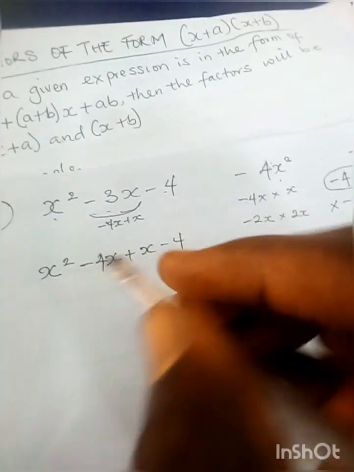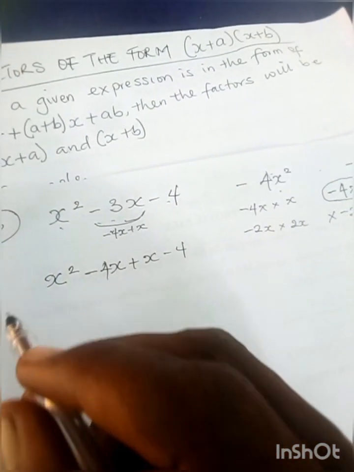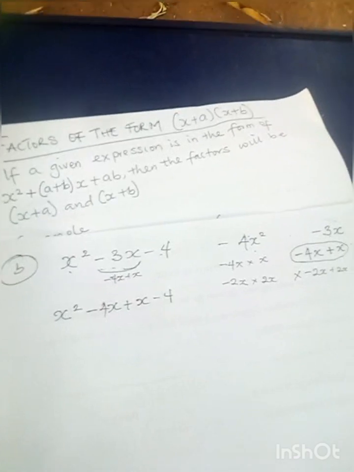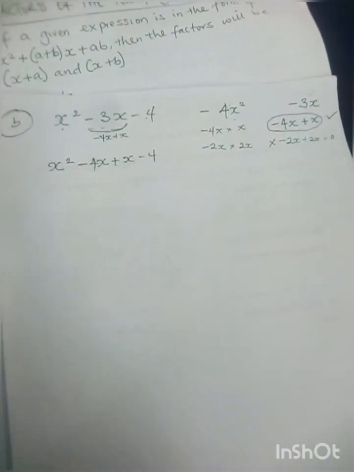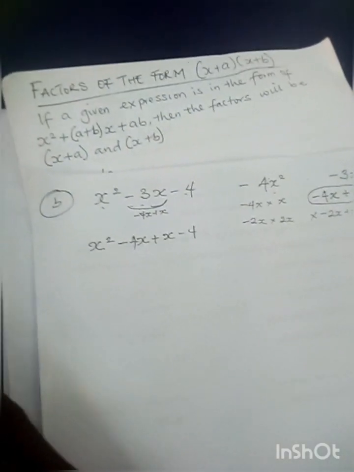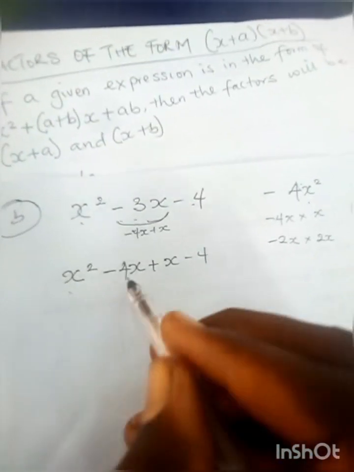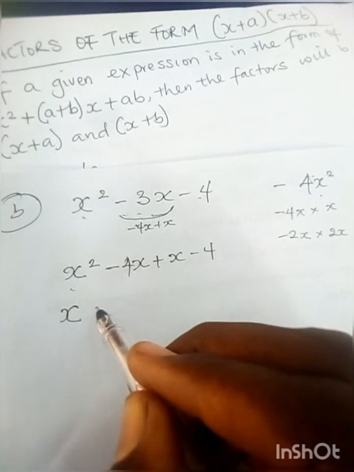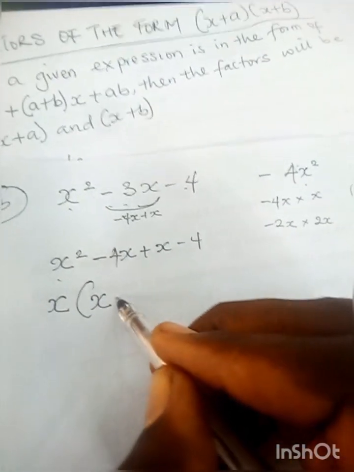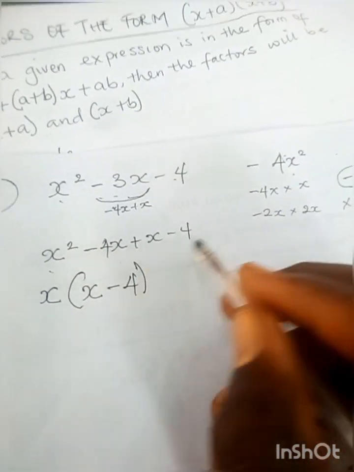Do we get that now? So what's common now? Let's see what is common. We're going to pick out the common value. Look at it very well and tell me what is common. So we have here in this x into x minus 4. Now what's common here?